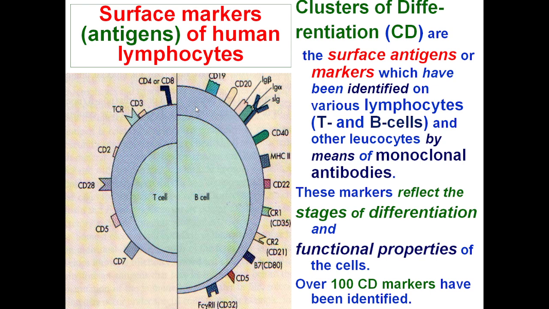So CD receptors and other receptors identified on the surface of our immune cells serve as the markers of specificity and differentiation of these cells. These are surface antigens that may be detected by recognizing these human receptors with antibodies of animals that were immunized by human antigens.